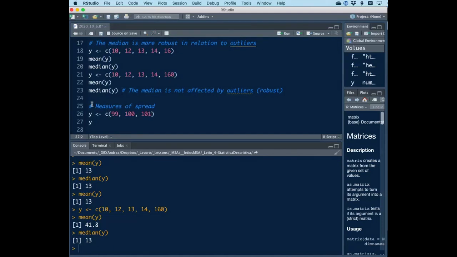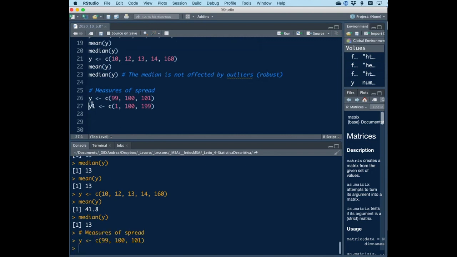And I could have this one here, 1, 100, and 199. So these are two small groups with the same mean.